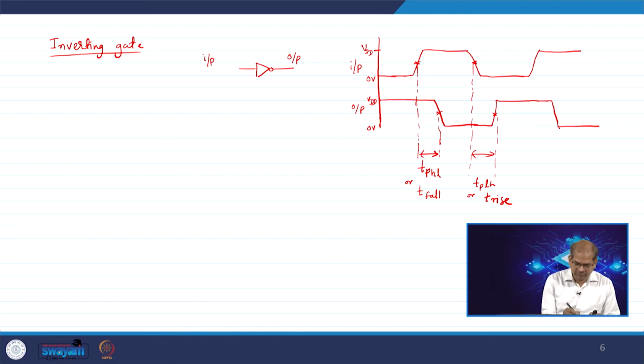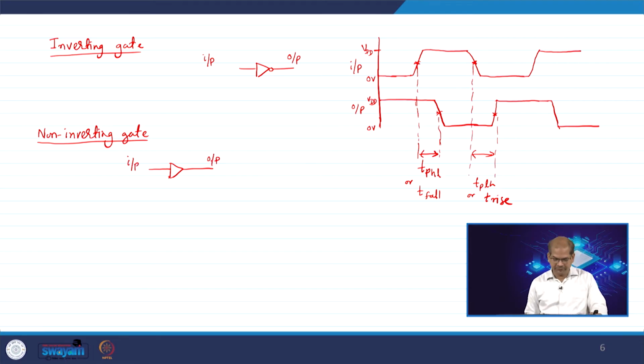Now we discuss the non-inverting gate. Let us say I will consider a buffer. So I have a buffer here, this is input, this is output. I will plot the same thing on the same scale.